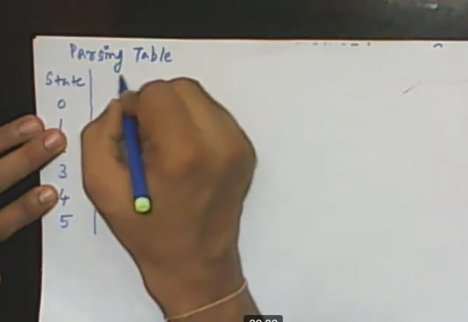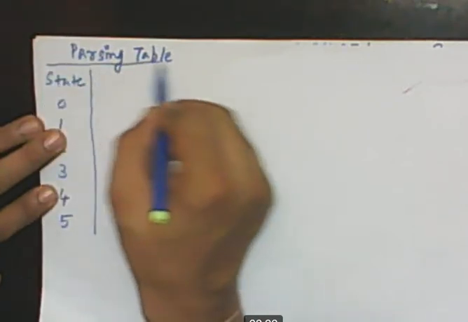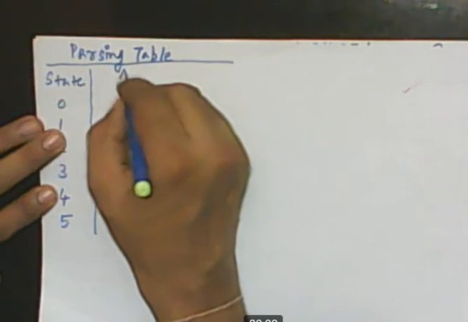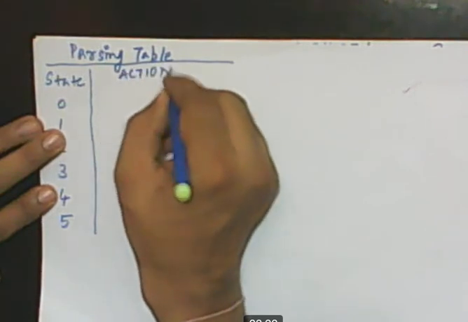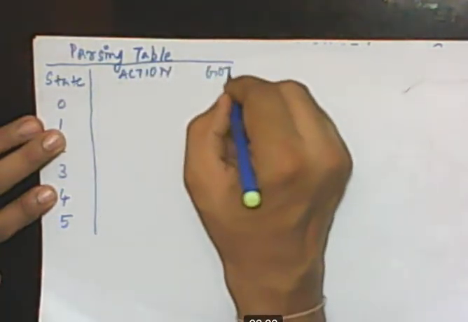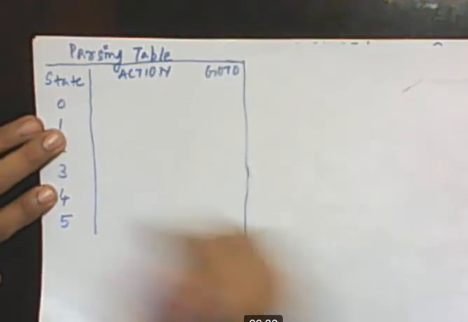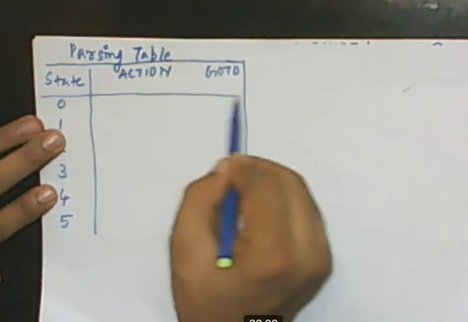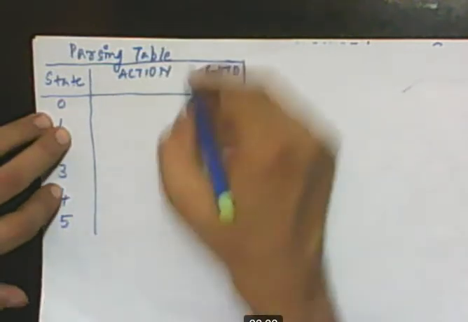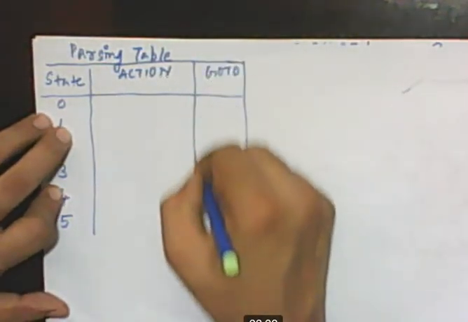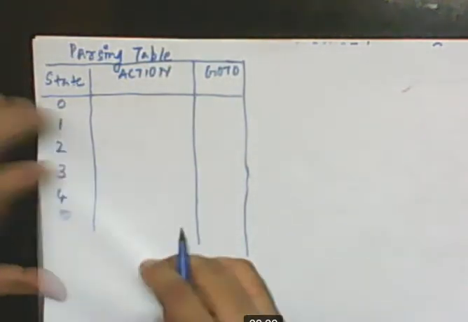And we have action and goto. What will be there on action? All those terminals. On action, all those terminals.